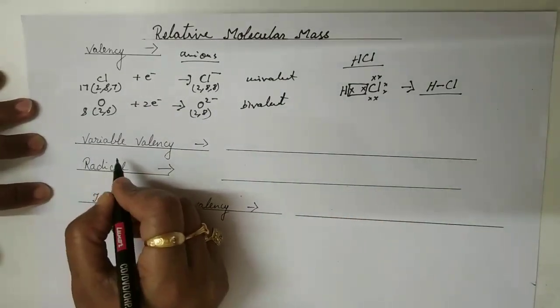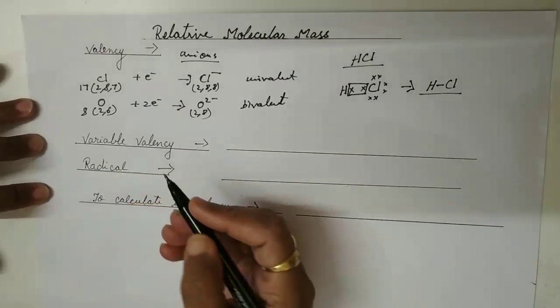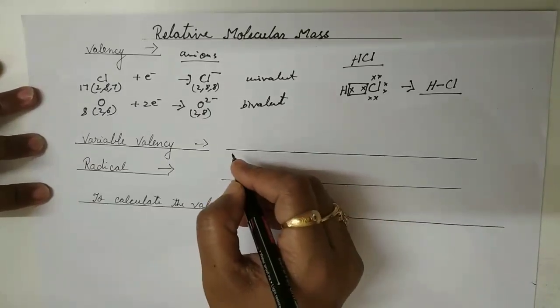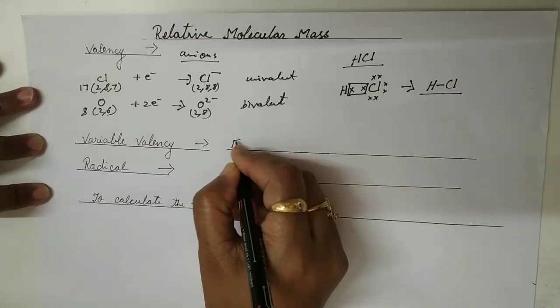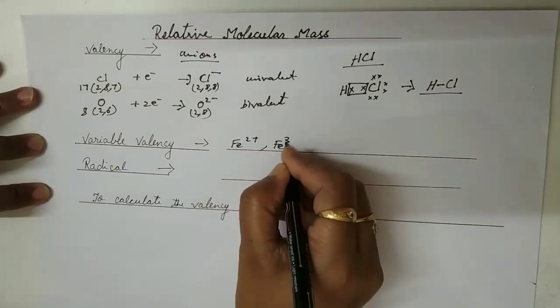The next topic I have taken up is variable valency. And this also you have learned, children, like iron, it is Fe2+ and Fe3+.